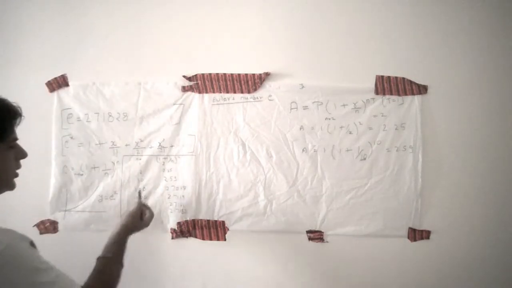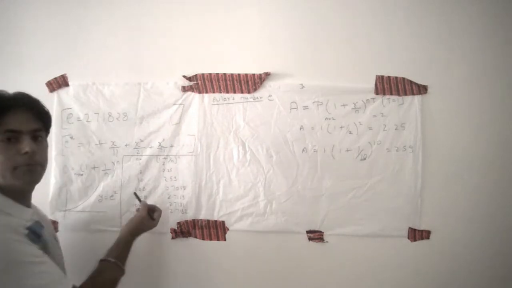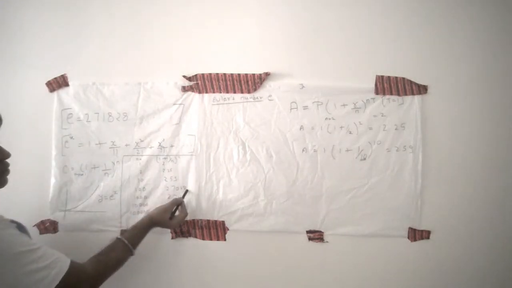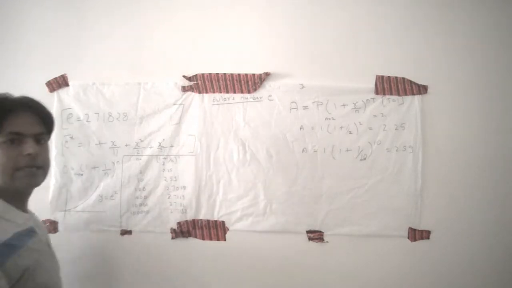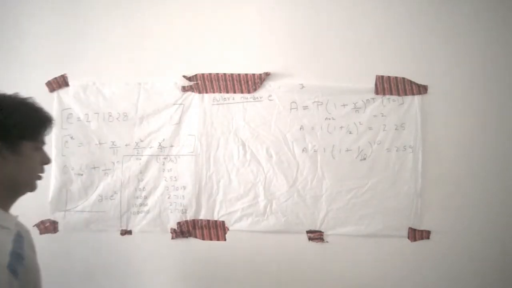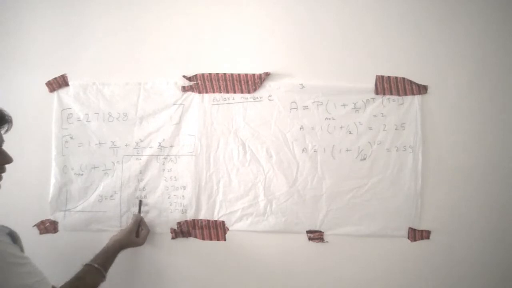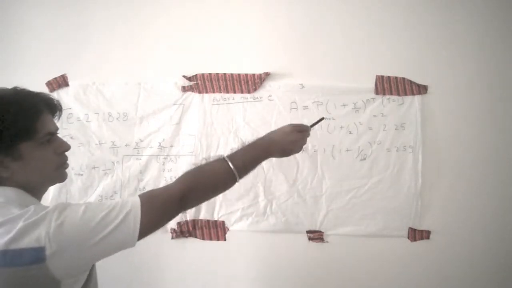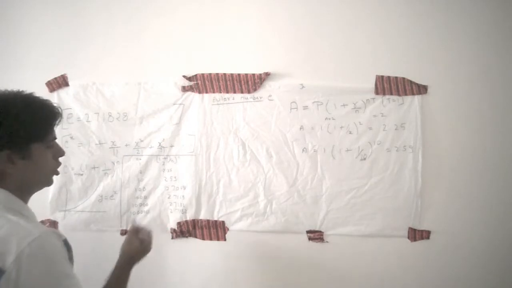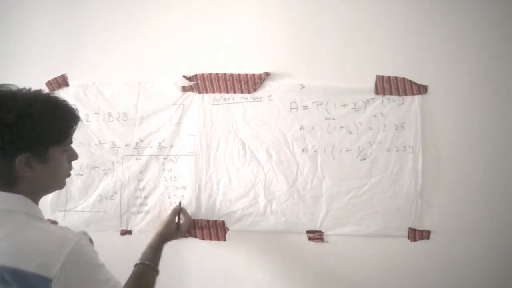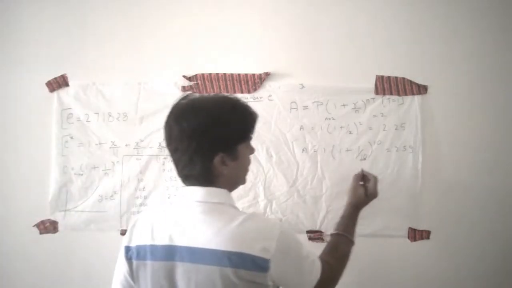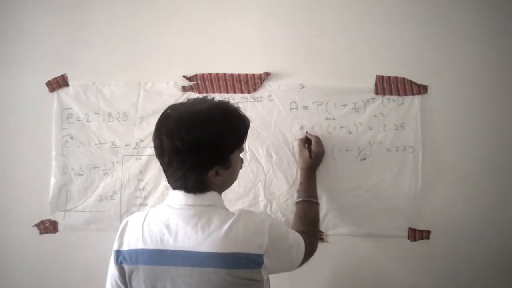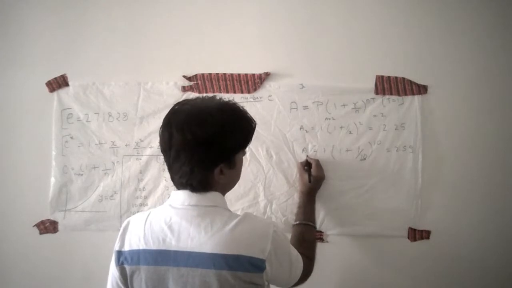So I have just calculated these values. I have put n equal to 100, right? So I'm getting value 2.7048. I'll suggest you also do it in parallel. I have taken n equal to 1000, right? So this will be 1 plus 1 upon 1000 to the power 1000. Your amount will become 2.69. I'm writing it again. This is for n equal to 2. This is for n equal to 10.